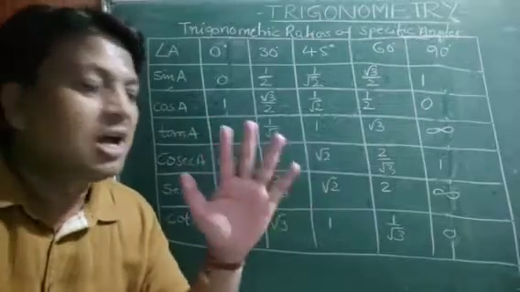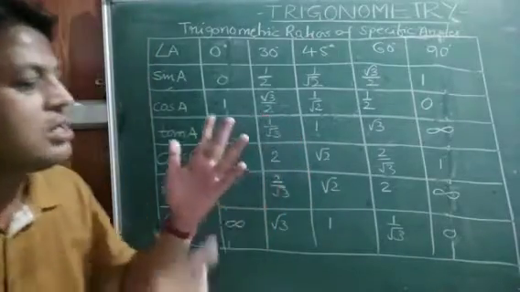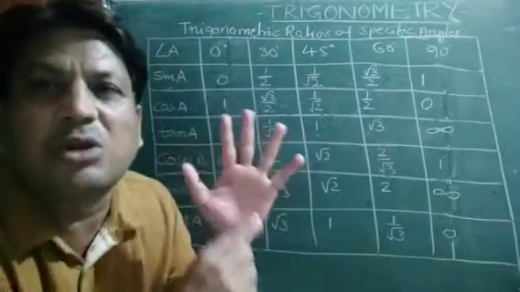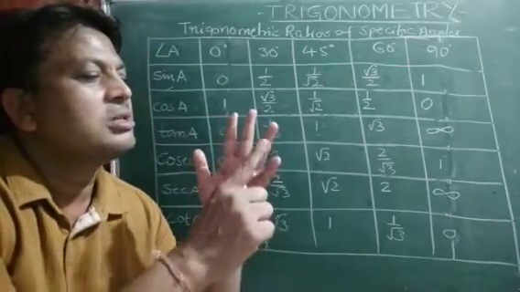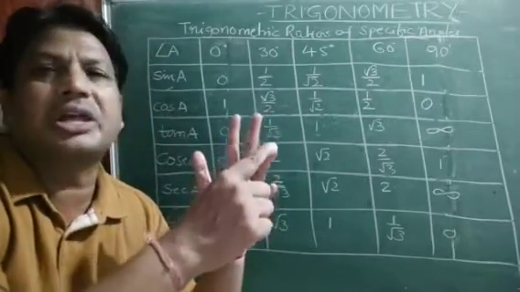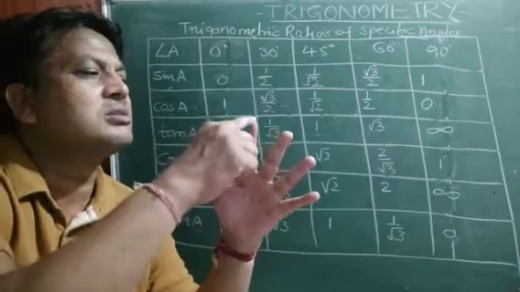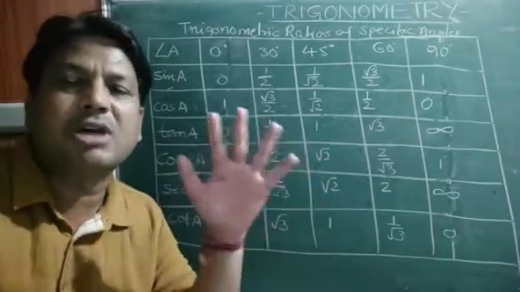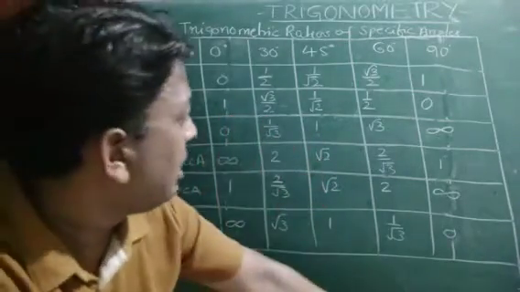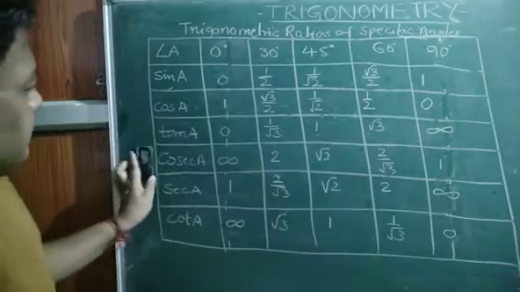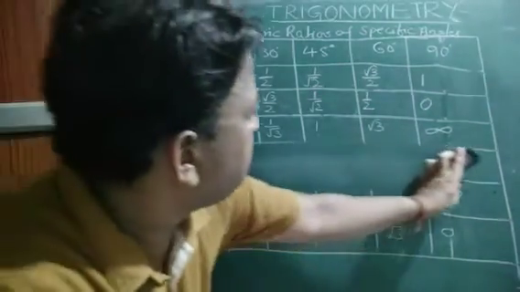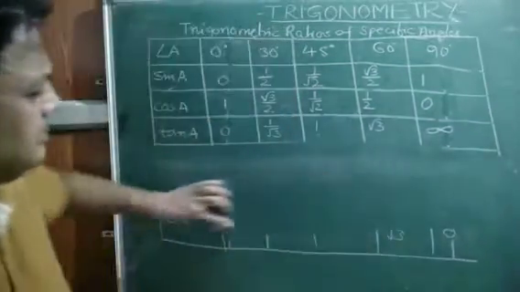I will tell one memory tip also children. Suppose you have to find out sine values. So this is for 0, 30, 45, 60, 90. Remember well. Let me rub this because you might have noted.